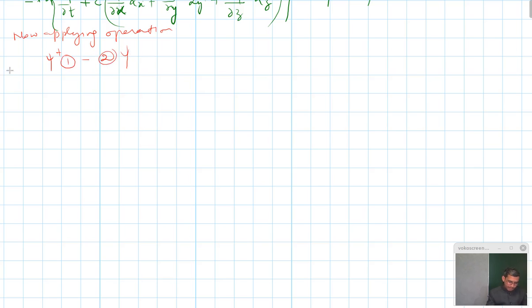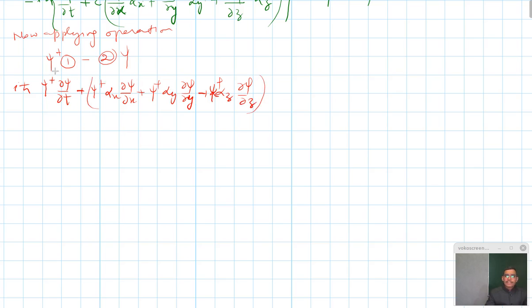If I use this, then I can write down iota h cross psi dagger curly psi over curly t plus psi dagger alpha x curly psi over curly x plus psi dagger alpha y curly psi over curly y plus psi dagger alpha z curly psi over curly z, minus psi dagger beta m naught c square psi.